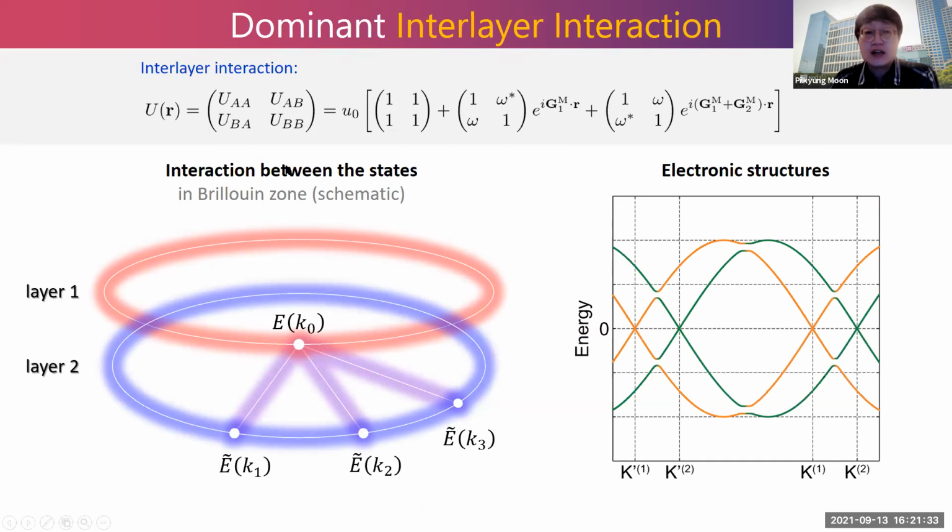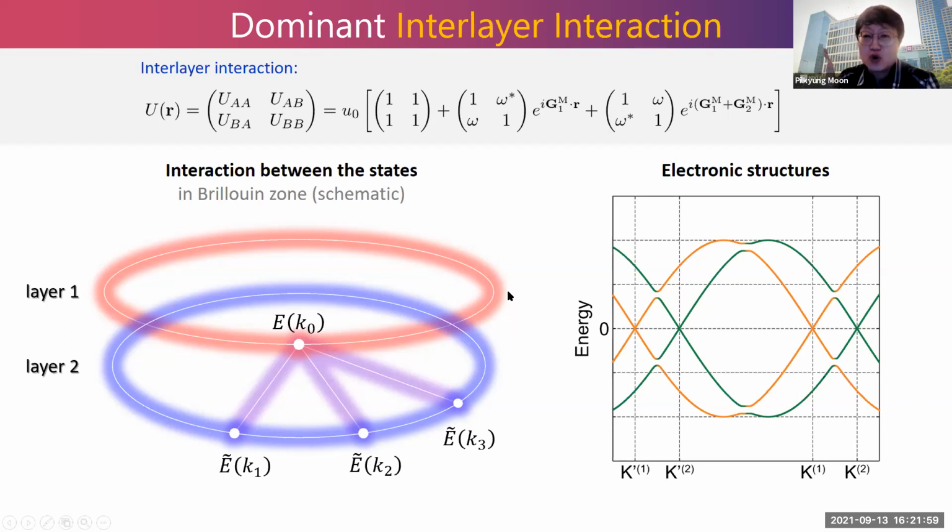The interlayer interaction couples the states whose wave vectors differ by that amount. In the right panel, I plot the schematic electronic structure. The orange and green lines show the monolayer band structures of layer 1 and layer 2 respectively. You can see the Dirac cone at energy 0.